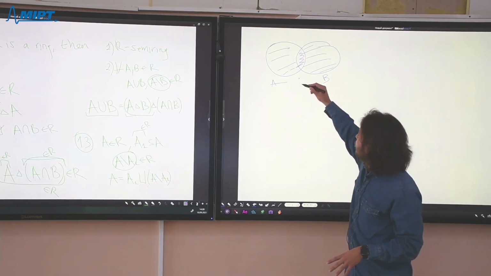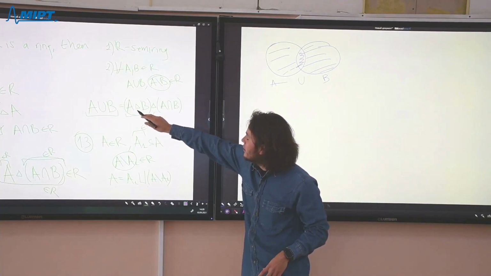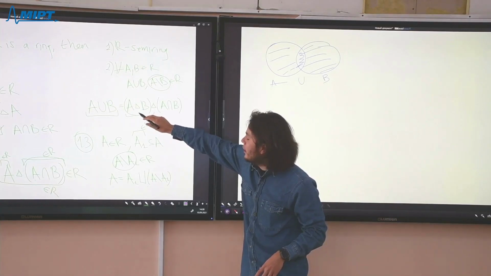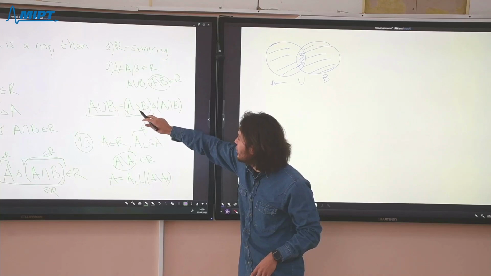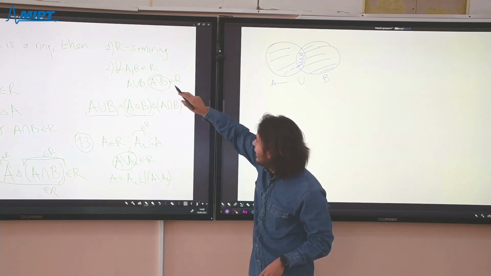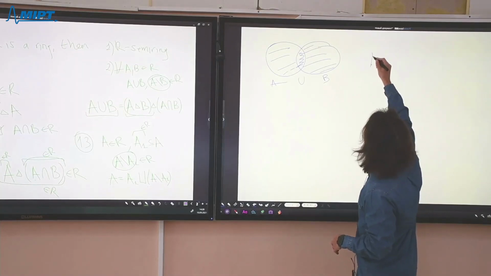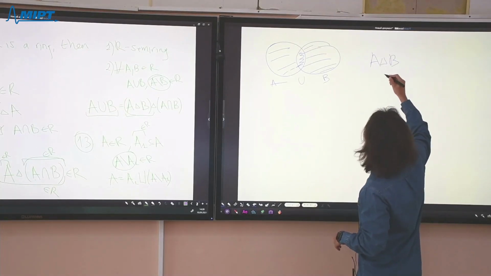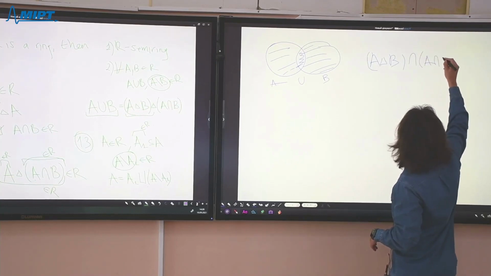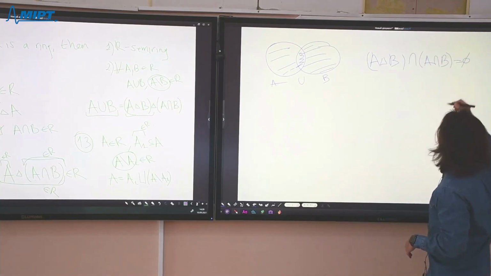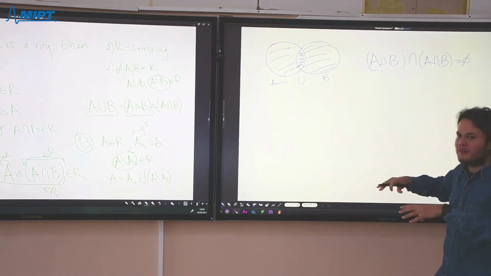That is the A union B, because the intersection of A symmetric difference with B and A intersection B is empty. So the symmetric difference is all of it.